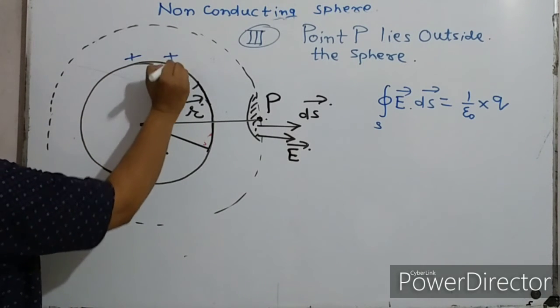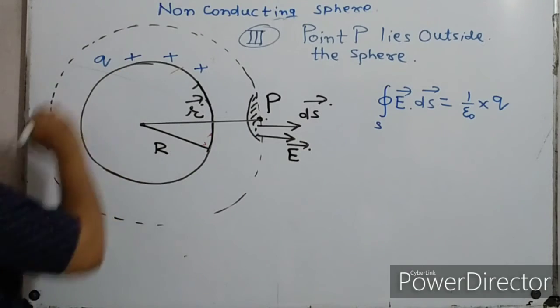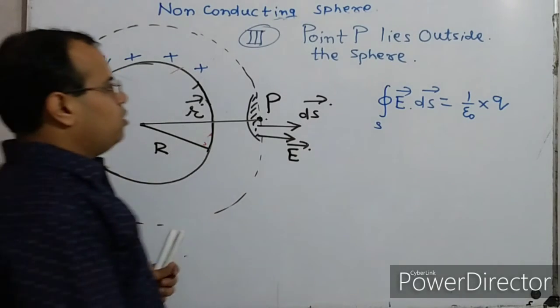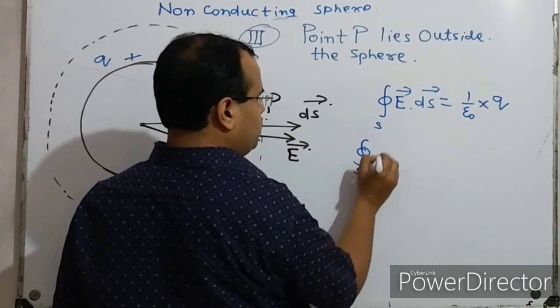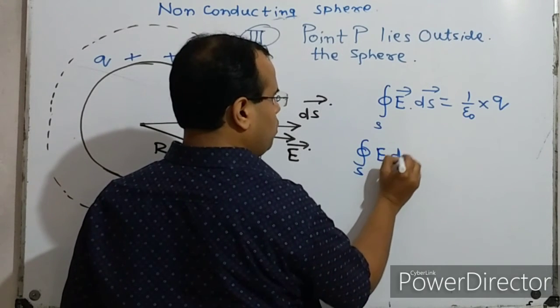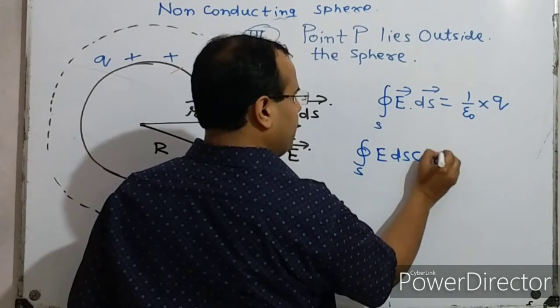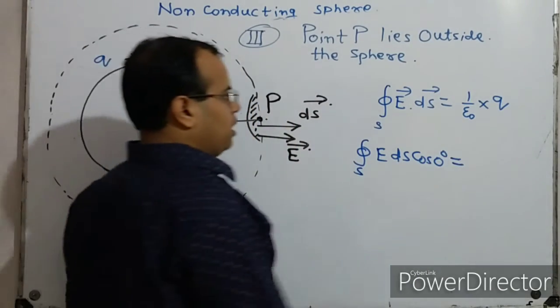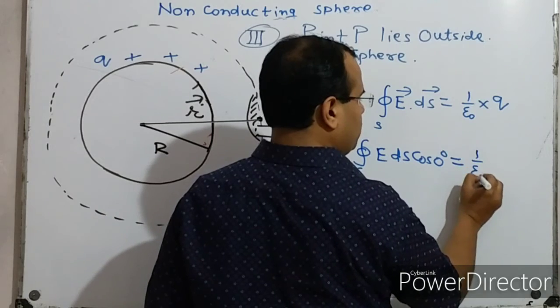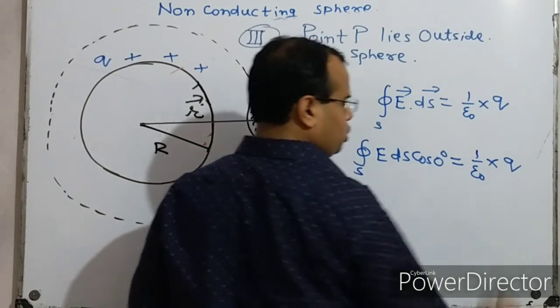So here q which you will take is the total charge. Now here you will be writing it like this: closed surface integral E ds cos 0, because you know that the angle between E vector and ds vector is 0 degree, and it is equal to 1 upon epsilon naught times total charge q.